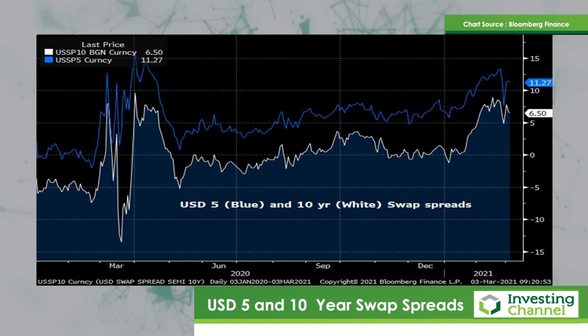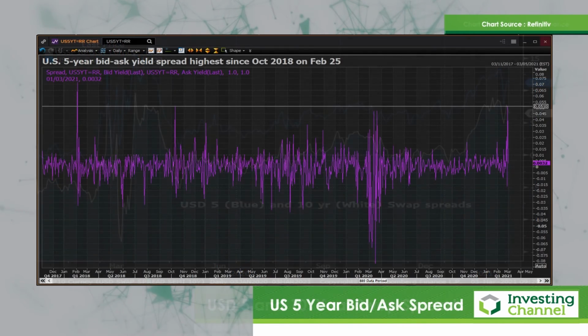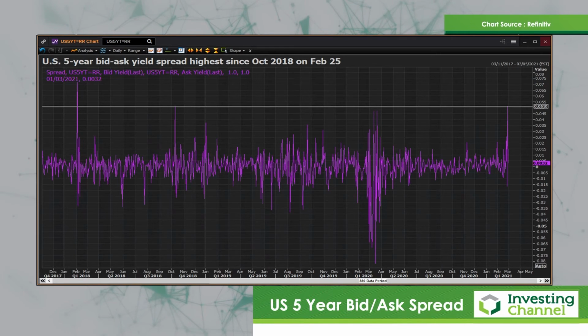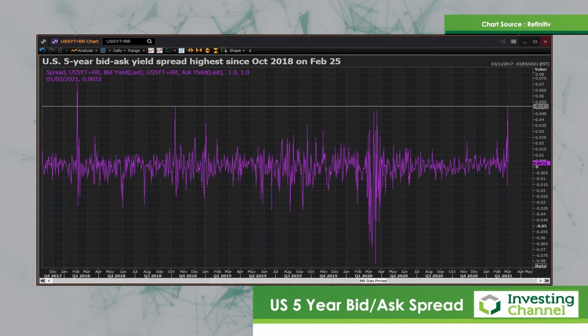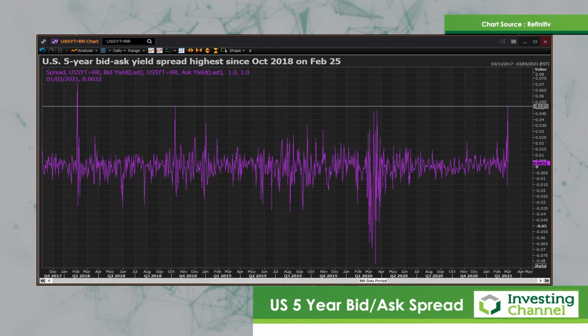Two things, I think, to end with that will be of greater concern to the Fed and to policymakers. First of all, is a chart of the bid-ask spread. This is the bid-ask price spread in the US 5-year. As one can see, that spiked all the way up to the levels that we saw during the extreme volatility that we saw last year.